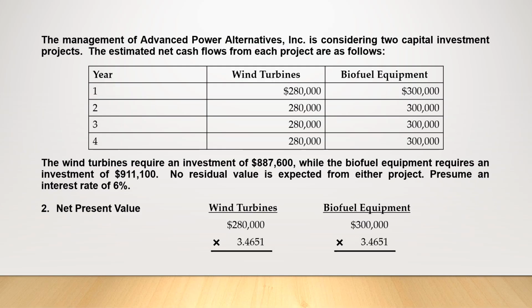The present value of future cash flows for the wind turbines is $970,228 and $1,039,530 for the biofuel equipment.